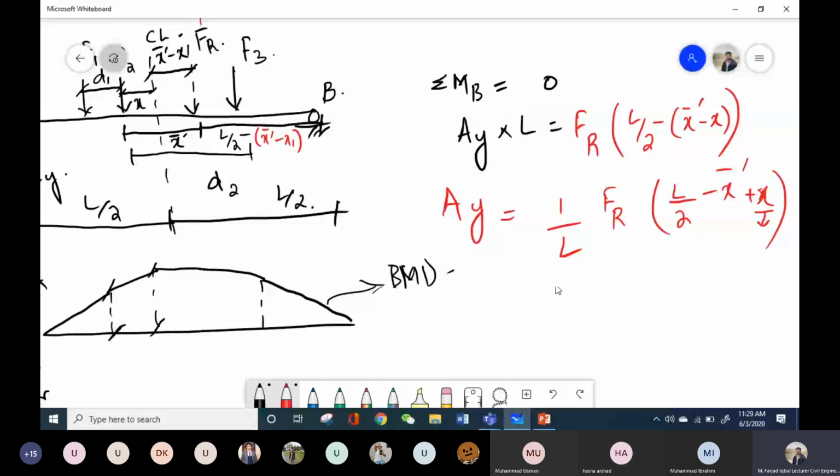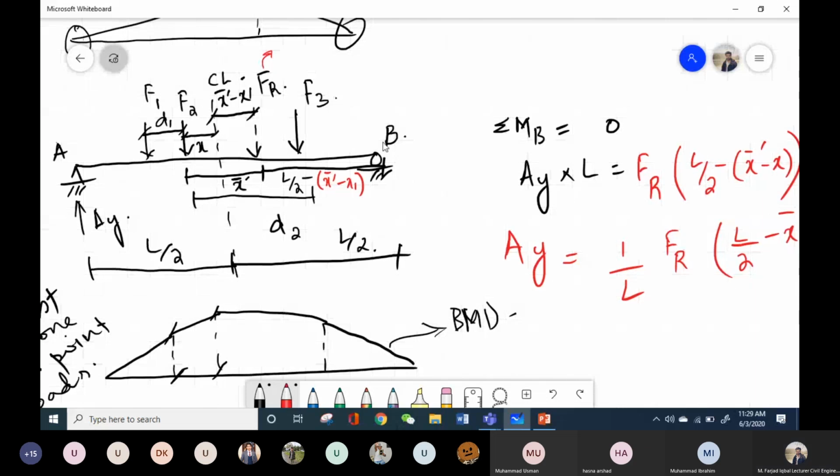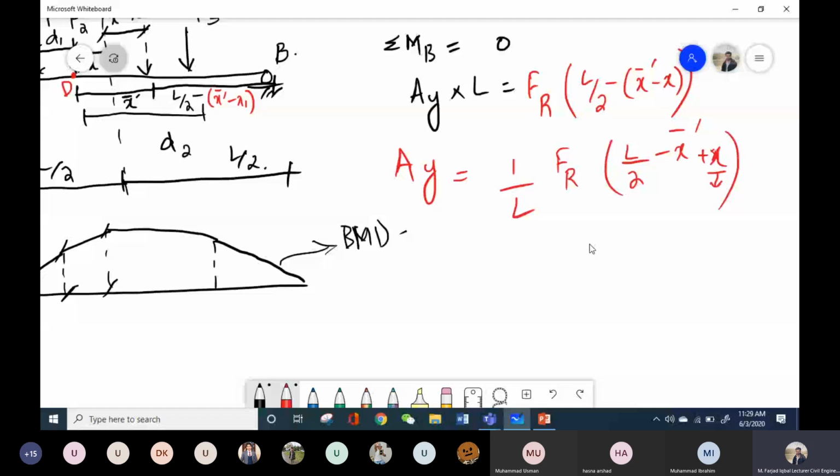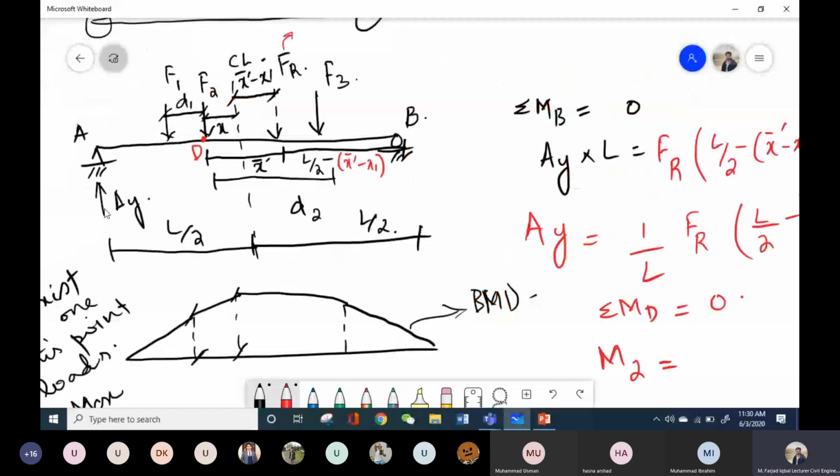So let's do another step. If I calculate the moment at this point, B, or let me call this point D. If I calculate the moment at this point D, what will be the moment value? Sigma moment at point D is equal to 0. So I can call this moment M2, and it will be equal to, and there are two forces on the left side of this point D. One is this AY and the other one is this F1.